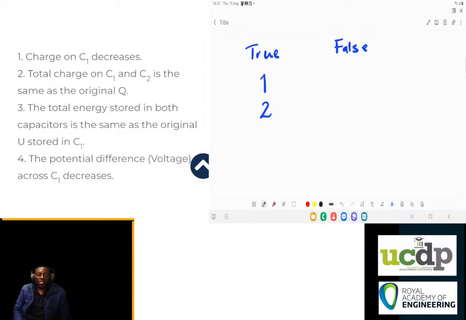The total potential difference across C1, will it be the same? It will be the same after pushing the charge. Remember, you are actually taking at least some part of the voltage from C1 to charge C2. But at the end of the day, the potential difference across both of them should be the same.